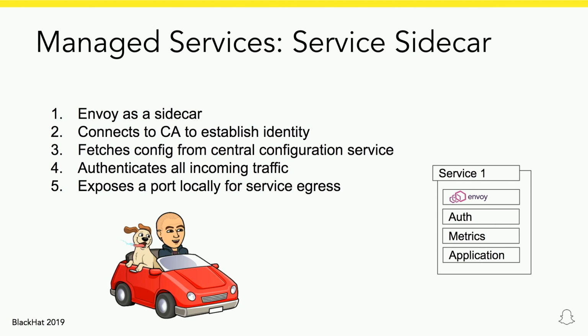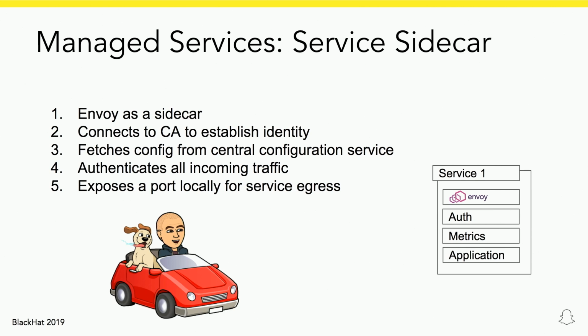So then once it gets that identity, it's able to take that identity and go to the configuration controller, which knows which configuration to send to that service, which is how that service then authenticates traffic. It knows how to set up the routes, does all the service discovery there.